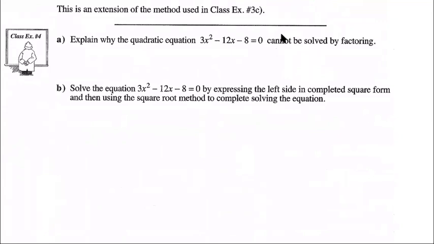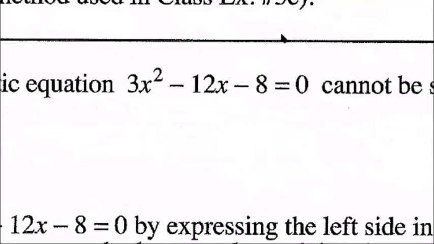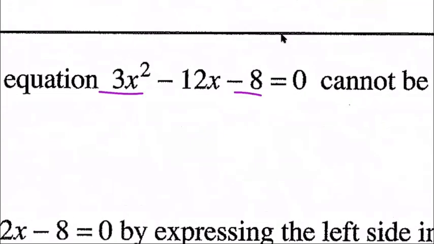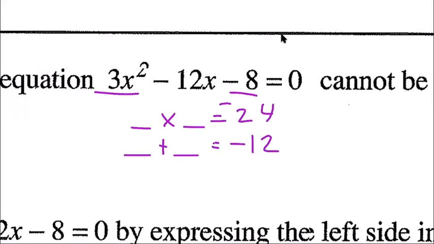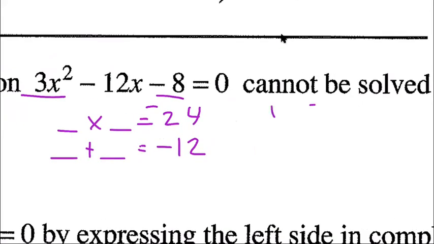Explain why the quadratic equation 3x squared minus 12x minus 8 cannot be solved by factoring. Well, you would have to try to factor this. You'd look for two numbers that multiply together to give negative 24, but add together to give negative 12. And there are no numbers. Your choices are 1 and 24, 2 and 12, 3 and 8, 4 and 6.